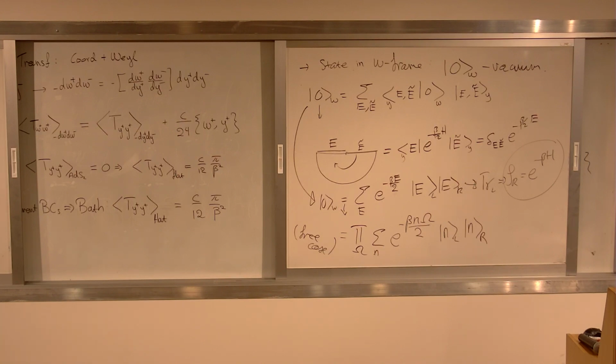Trace, so this is rho of some region. Let's call that region A. So in order to compute the entropy, what we need to do is evaluate trace rho to the n of the region A. What does this mean?